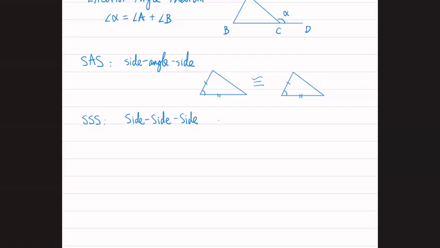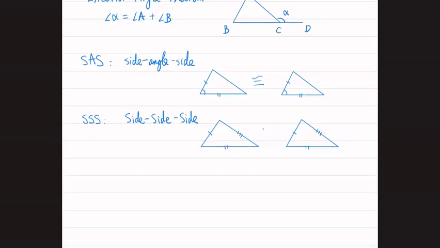If we have two triangles, first pair of sides, same length, second pair of sides, same length, third pair of sides, same length, then they are congruent.